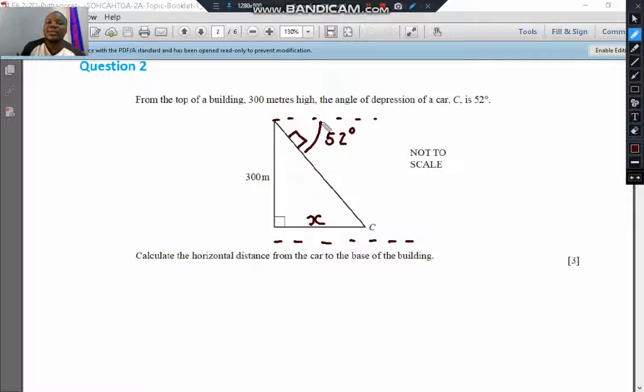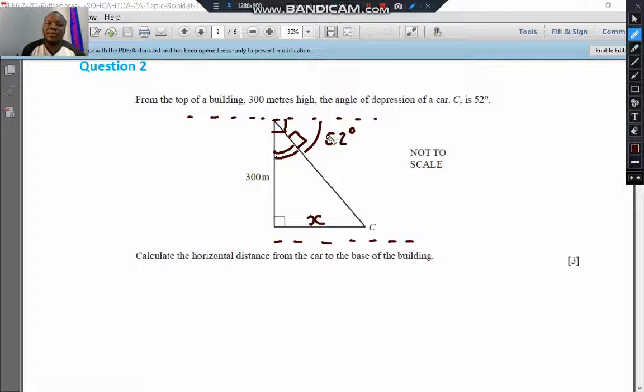Now, you need to know that if we draw a line that is parallel to the horizontal distance they want to find, which is X, this angle here initially should be 90 degrees, but out of the 90 degrees we've been given 52 degrees. All right, meaning we need to find what this angle inside here is, because we need to use angles inside the triangle, not outside the given polygon.